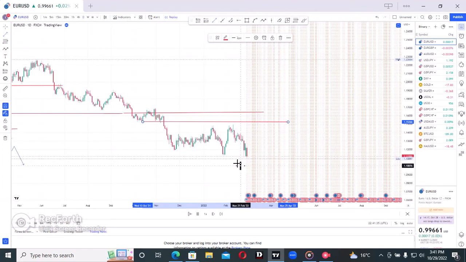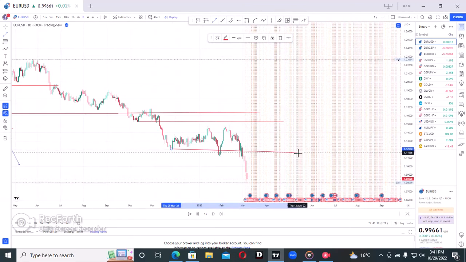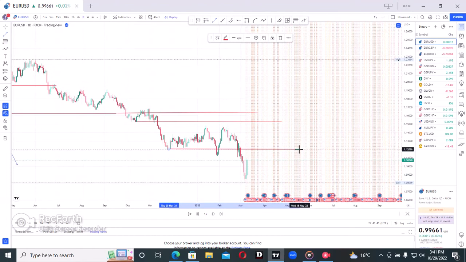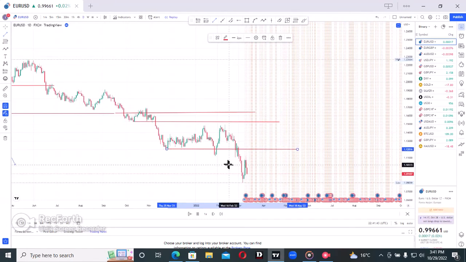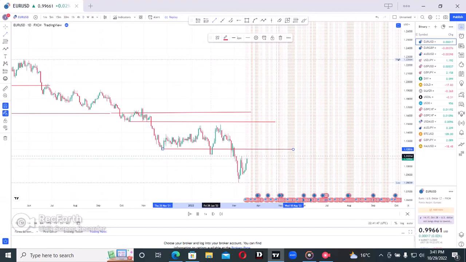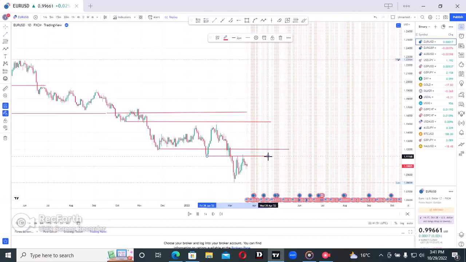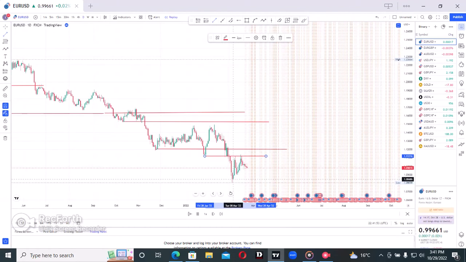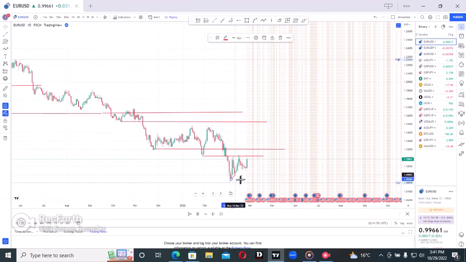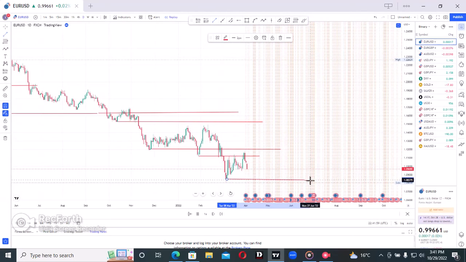This market can come and test this line and then continue to move down, and once you have this line, a turning point, you draw a horizontal line, guys, and then you're going to expect that the market is going to retest that level. As you can see, I also have this turning point right here.